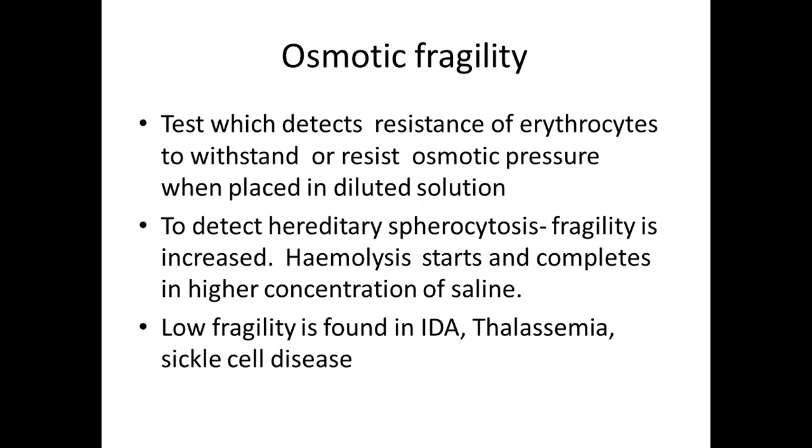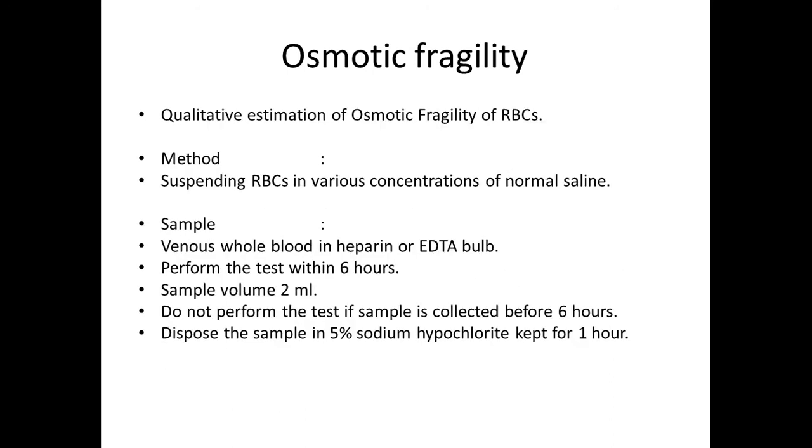This fragility is increased in hereditary spherocytosis, and it can be detected by this test. Hemolysis starts earlier and gets completed in higher concentration of saline. So, increased fragility is found in hereditary spherocytosis, while decreased fragility is found in iron deficiency anemia, thalassemia, and sickle cell disease.